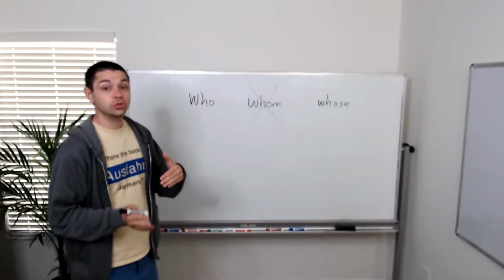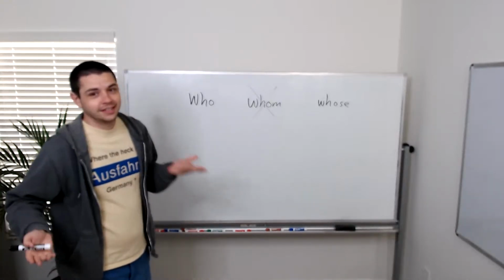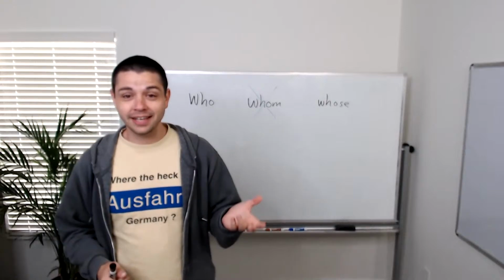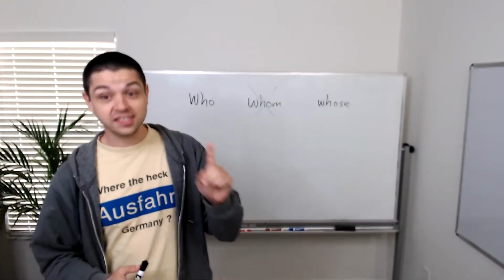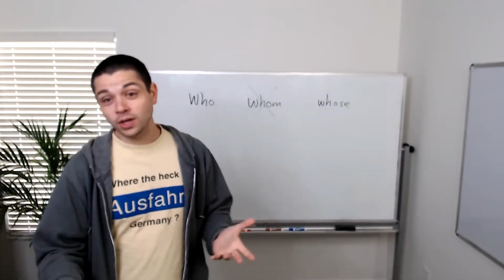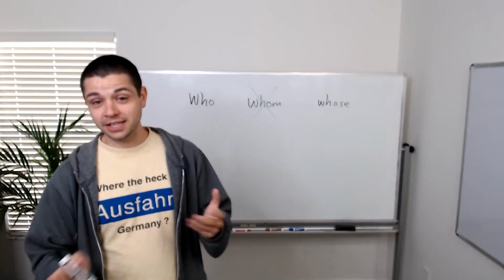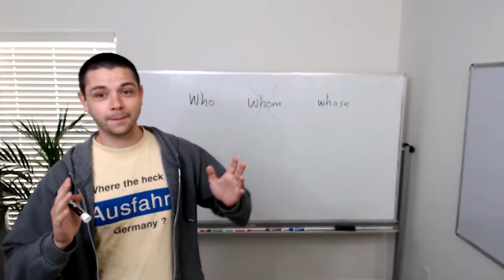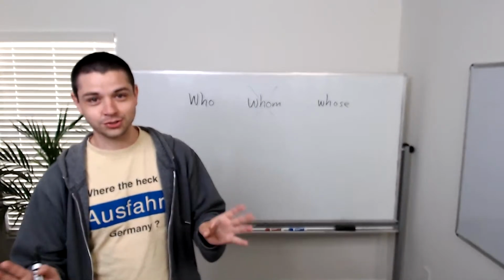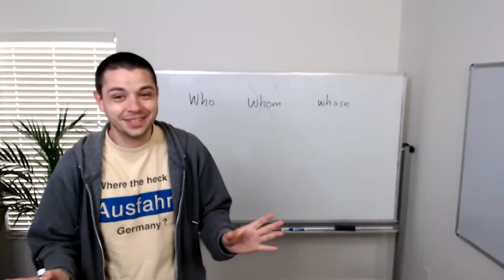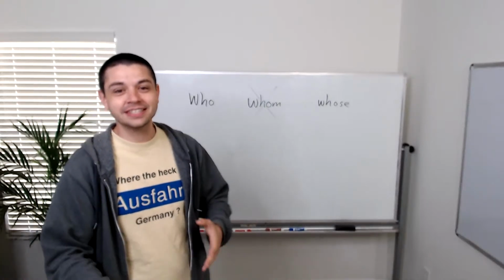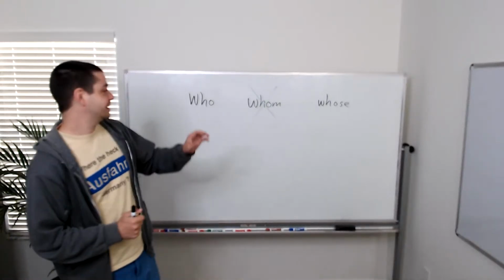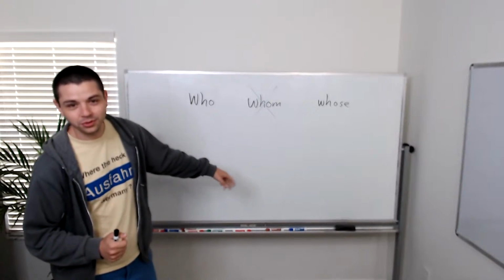The rule is, or was, if you want to speak like the Queen of England, then this is a rule. If you want to speak like a normal person in every other country or every other place in the world, if you're not going to be the Queen of England, then you don't have to use this rule.